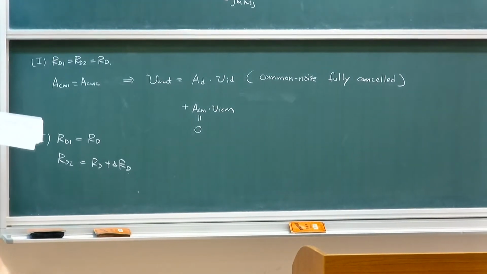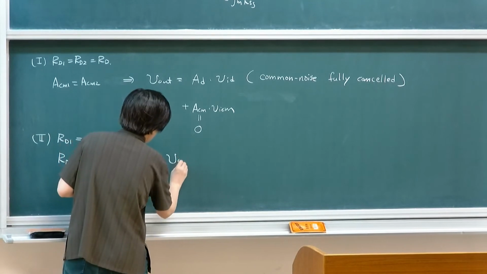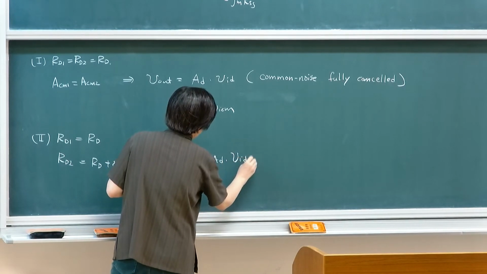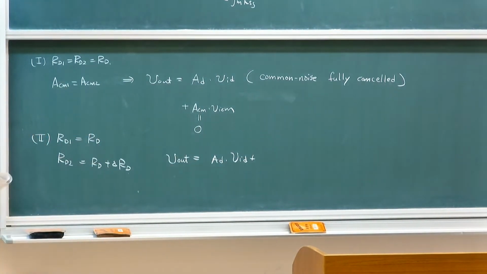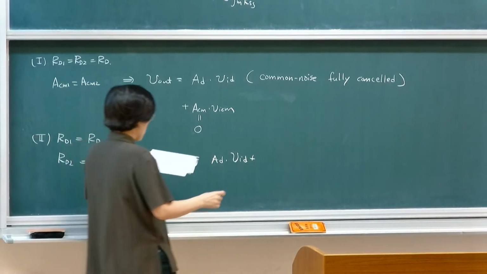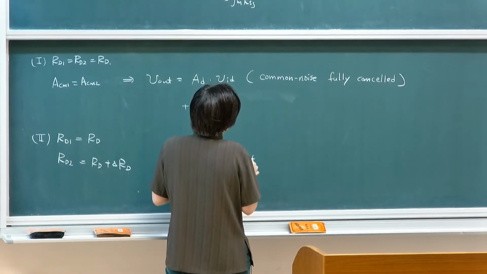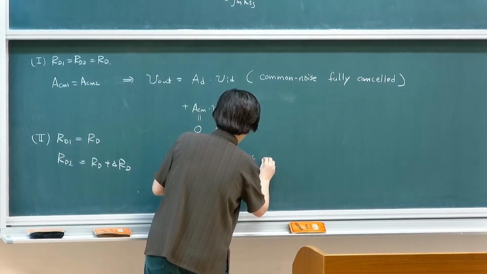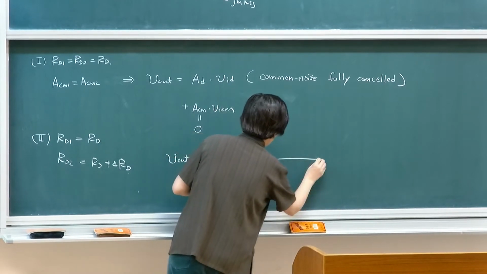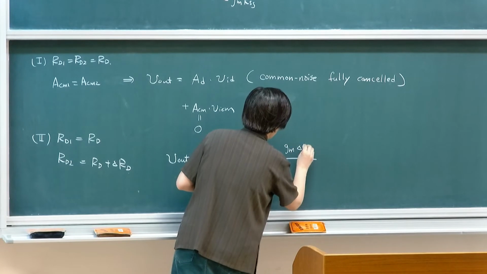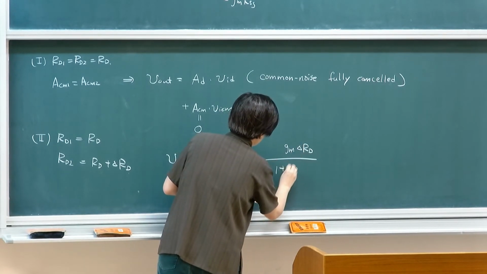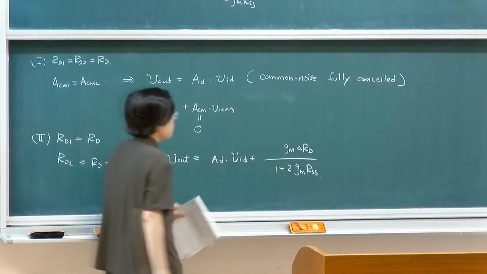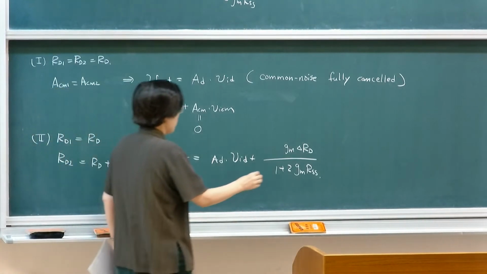We can do the same exercise, and find that my output will become AD times VID, plus, doing the same exercise and just inserting the two different common mode gains again, GM delta RD over 1 plus 2 GM RSS times VICM.